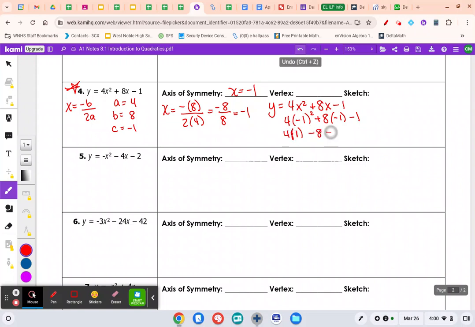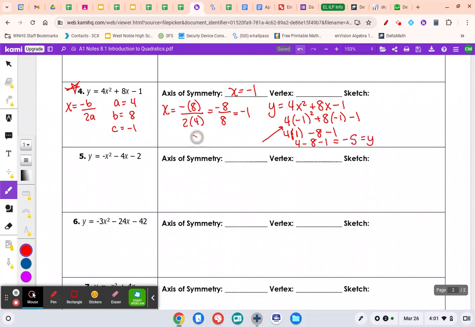Actually, that will be minus 8 minus 1. I did this in multiple steps here because our a value is 4 this time. And in the past, it was just like a negative. But we finished solving, and I believe we get negative 5 for y.